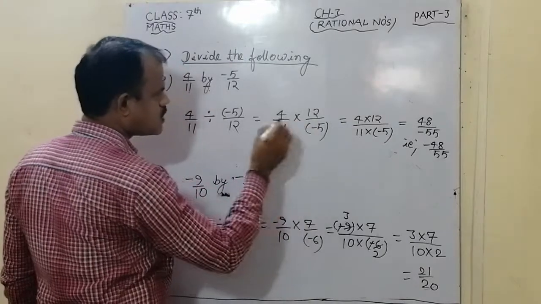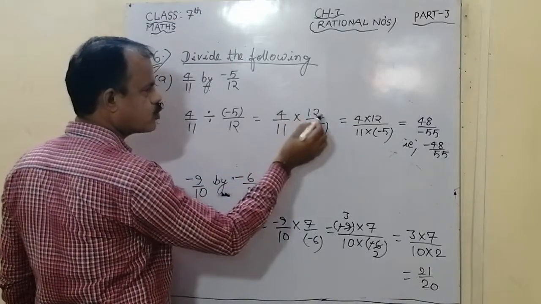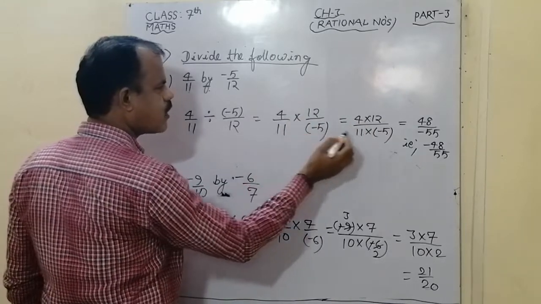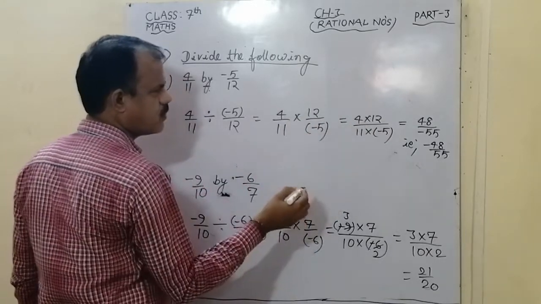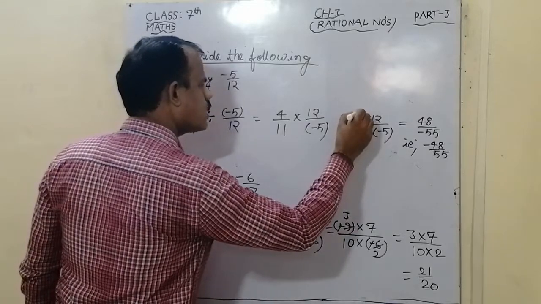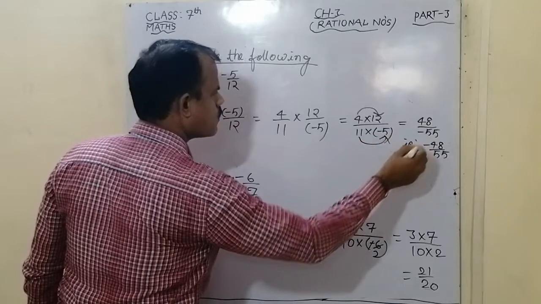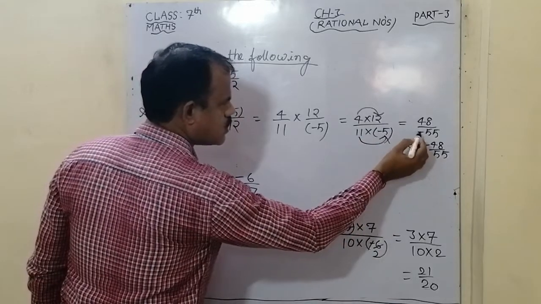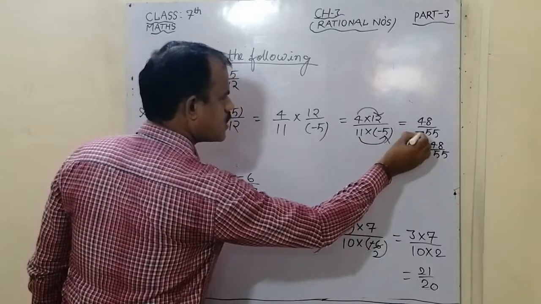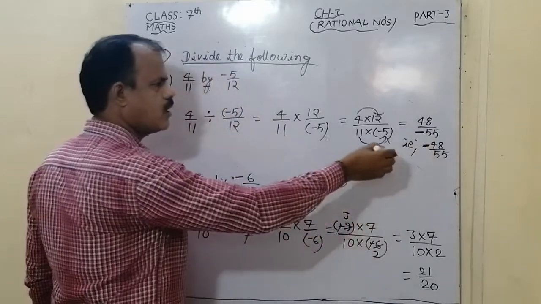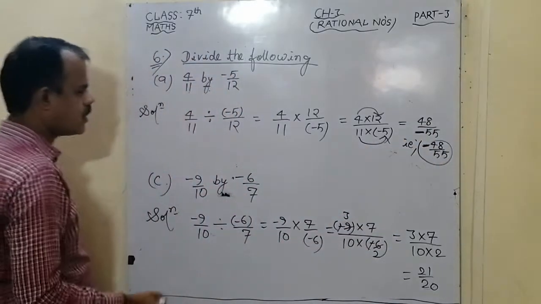So we write here, numerator place number 4 into 12, and denominator place number 11 into minus 5. Now it becomes 4 times 12 is 48, 11 times 5 is minus 55. So student, we put this minus at numerator place, so it becomes minus 48 by 55. This is the final answer.